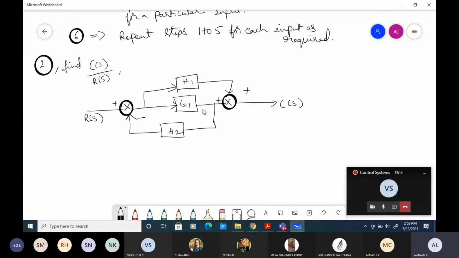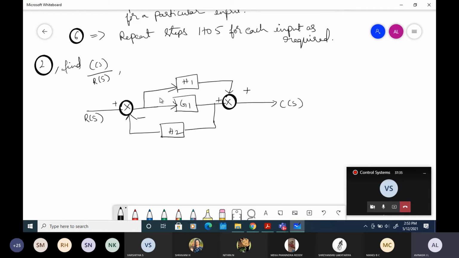So this cannot be considered a parallel block. That is also ruled out. Is any particular feedback loop there? You will consider that G1, H2 is a feedback loop, yes. But the thing is that H1 is coming in between, so this cannot be a feedback loop either. Then we need to go for step number 4.